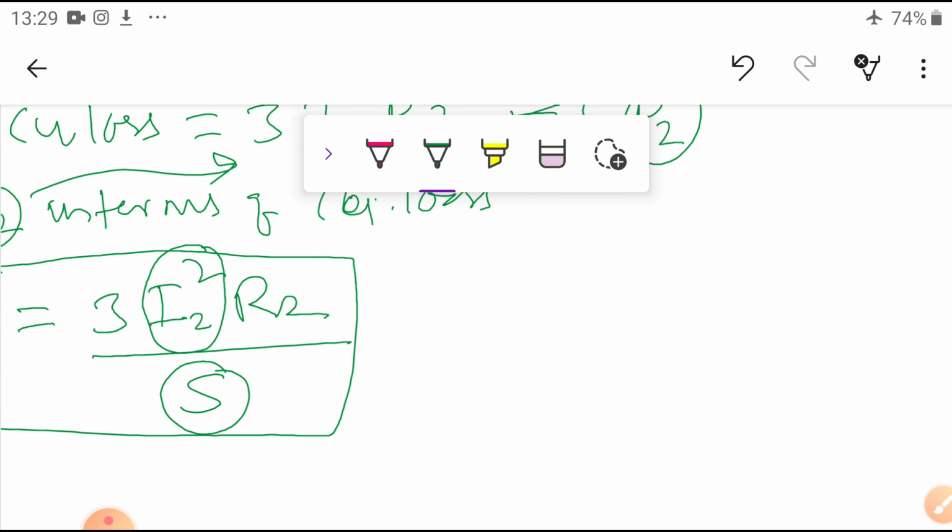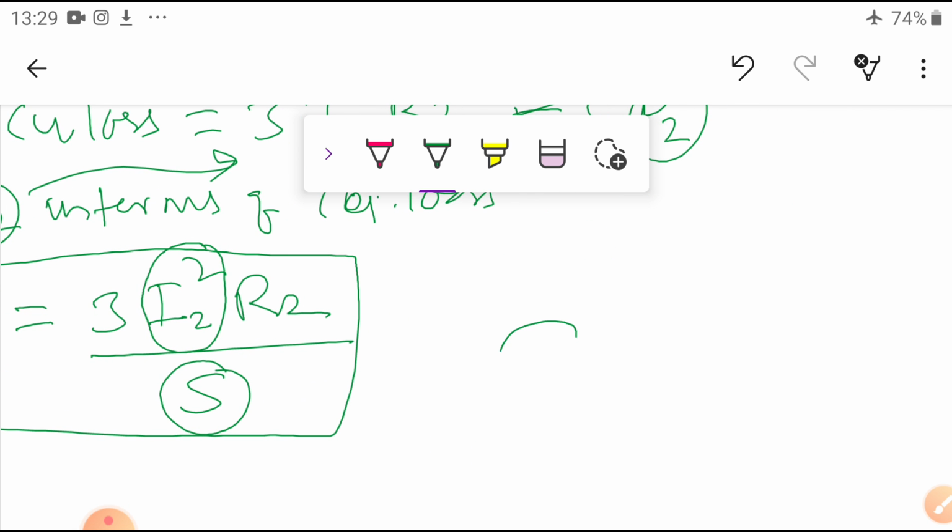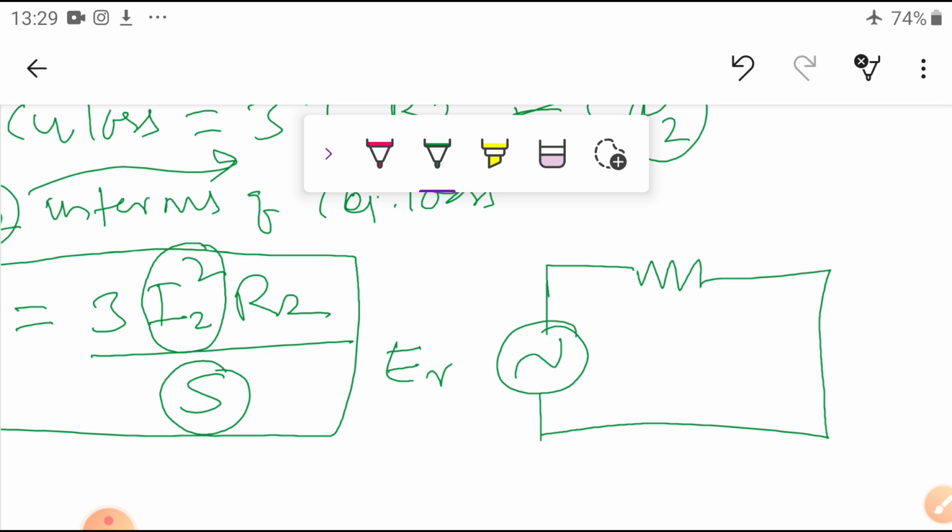Now in this case we can write simply: the rotor induced EMF under running condition, ER, and the impedance of this coil Z2, is equal to R2 plus j S X2. ER is equal to S into E2. What is the current? I2.